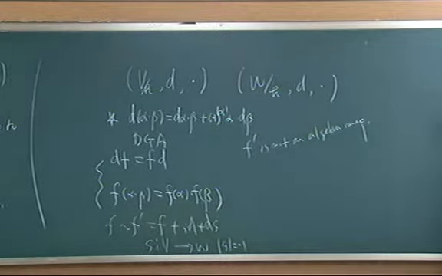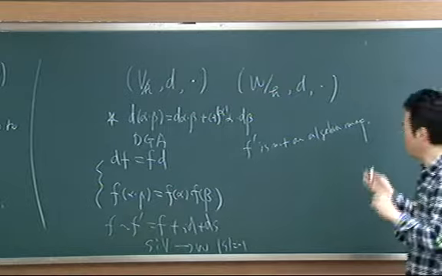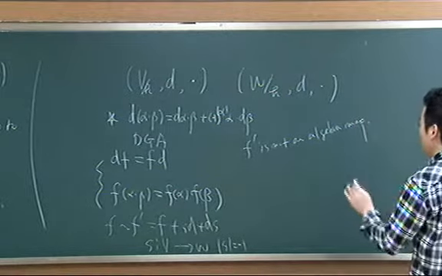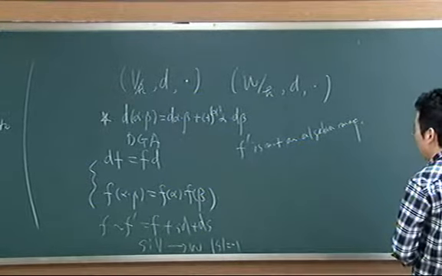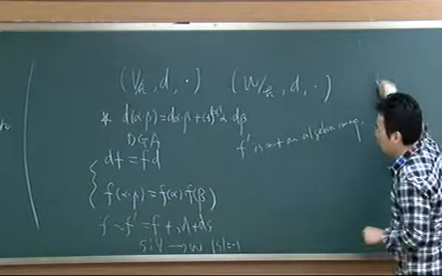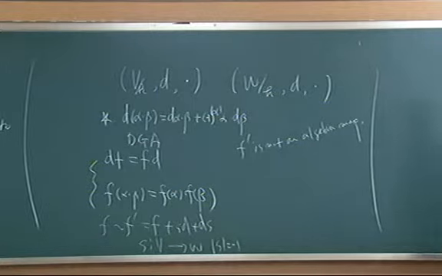So something is wrong, so we have to change the category of DGA to something more flexible, which localizes well with respect to cochain homotopy. That's my attempt to give the motivation here.